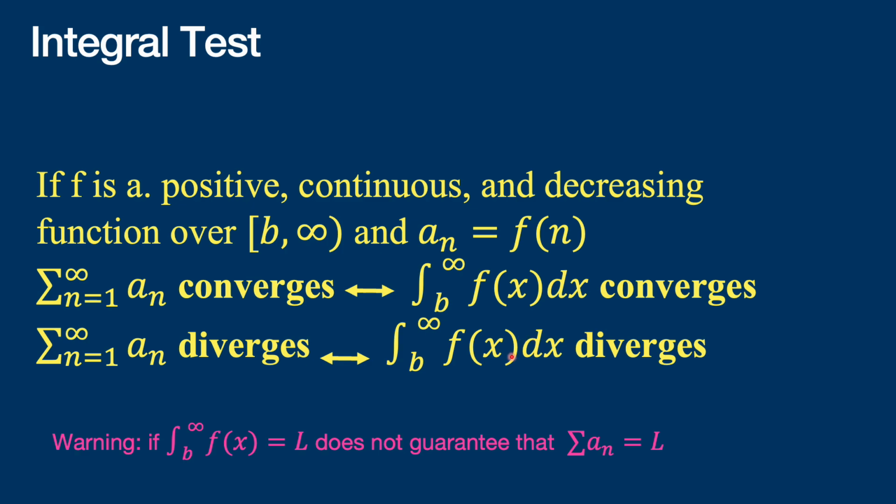But here is a very important thing, guys. Finding the value of the improper integral L does not guarantee the sum of the series is L. This test only tells us that if the improper integral converges, the series converges, and if the improper integral diverges, the series diverges. That's it. We don't know the sum of the series.